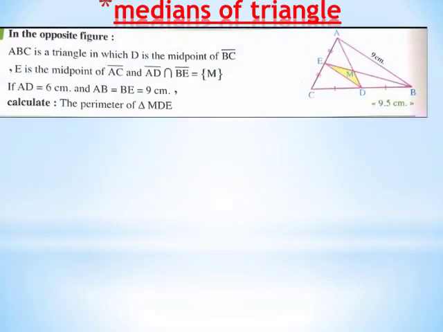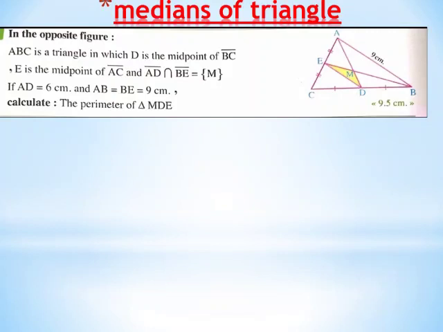If I have this figure, ABC is a triangle in which D is the midpoint of BC. We said yesterday, midpoint means the line is divided into two equal parts. CD equals DB. In the same way, E is the midpoint of AC. That means AE equals EC.